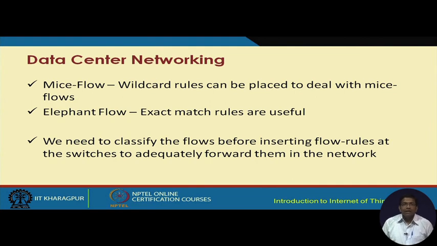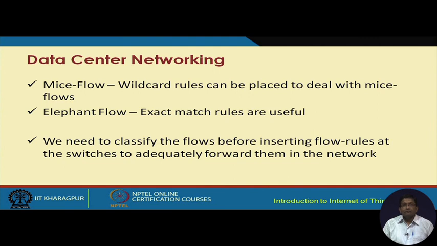Another very important thing that we have to remember in this context is data center networking. There are two types of flows that occur in data center networks. Here we are talking about implementation of data center networks with the help of SDN.